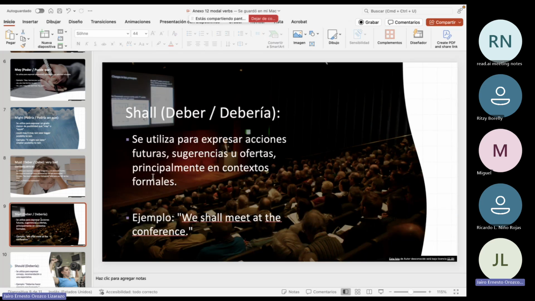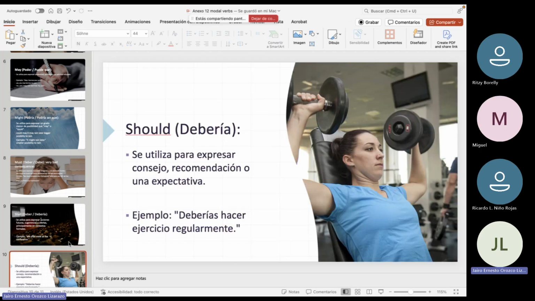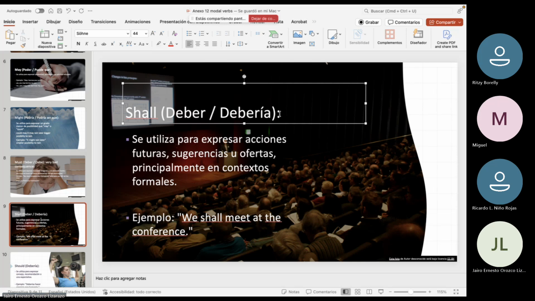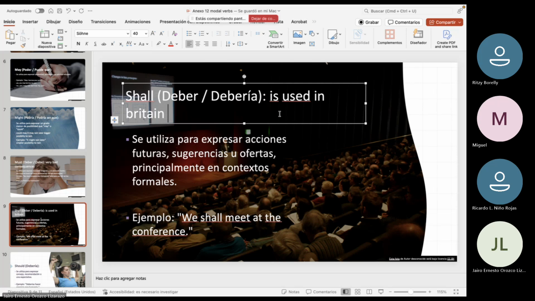In this case, shall and should are usually a recommendation, suggestions, or offers. Shall is usually used in Britain, which is why you usually see shall we, which means can we go, right?